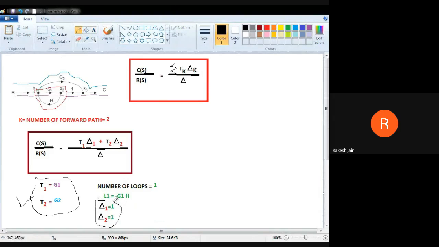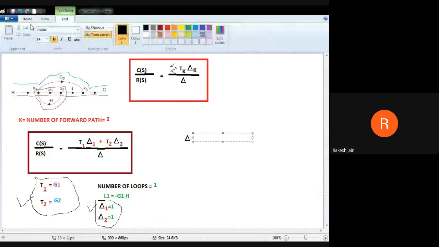Okay, so one more thing I found for the formula: the numerator term T1 I found, T2 I found, del 1 I found, del 2 I found. I only want to find del now. As I have already told, what is the formula for del?